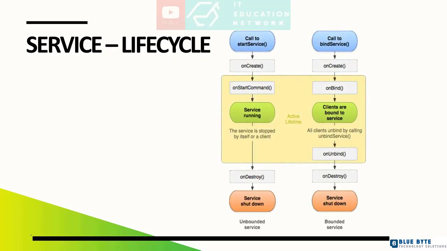In the case of standard services, we're dealing with two types. There can be bounded and unbounded services. An unbounded service is very loosely bound with the rest of the code. It reacts to commands sent as intents.